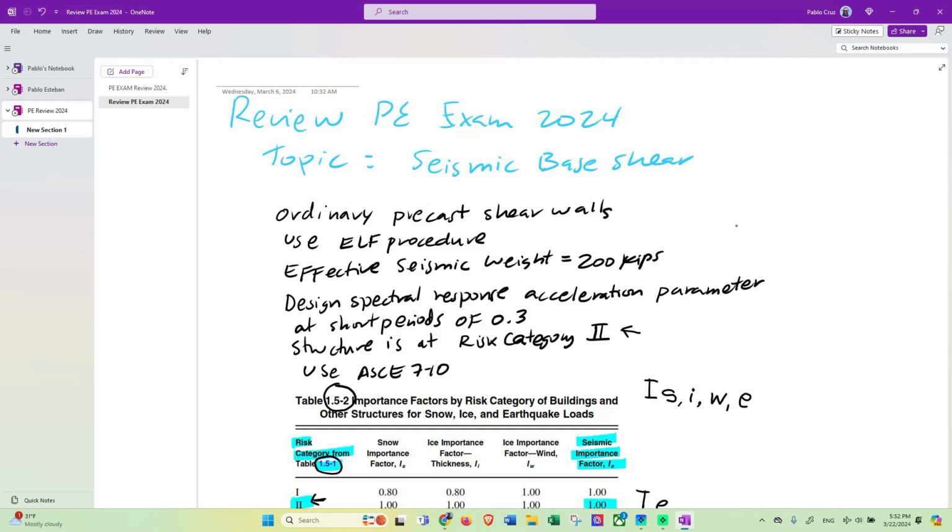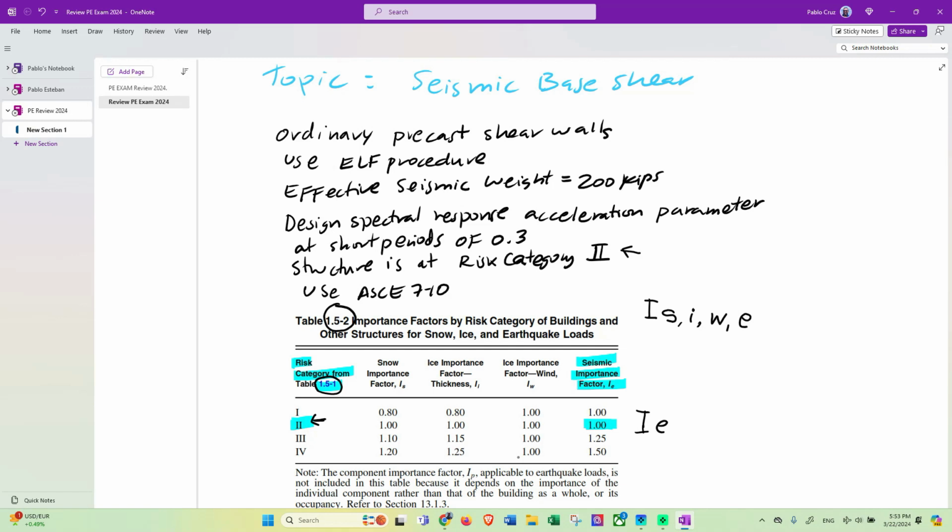I'm not gonna stop during this particular video analyzing this other table. We're gonna just go straight to what we are required in this case. So we are gonna get the seismic importance factor, I_e, equal to 1, as we can see here. In this case it is equal to 1.